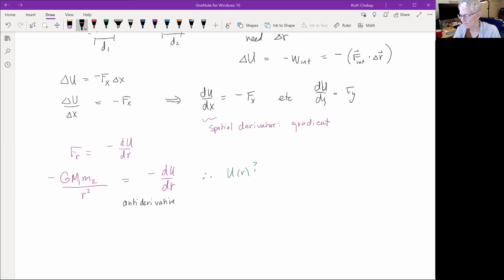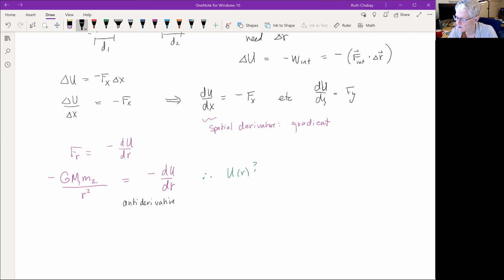Or it's an indefinite integral if you've gone a little further. So what would we differentiate to get this?